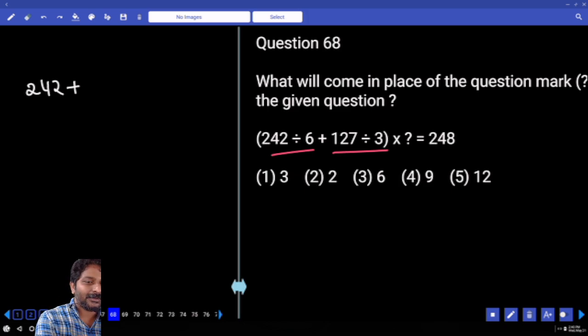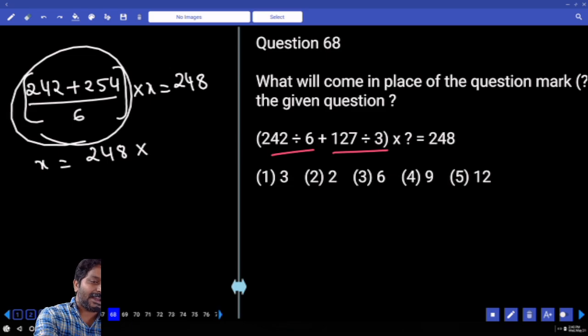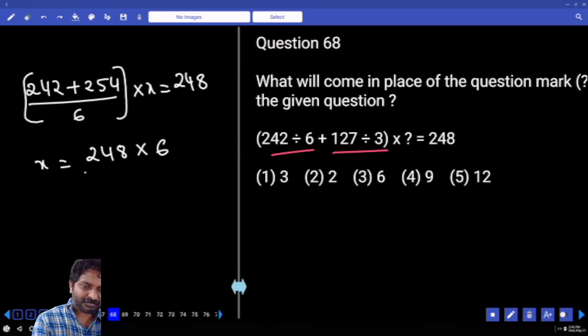127 double 254 divided by 6 into x is there, right? Okay, and 248, then x value is equal to 248. This number goes to right hand side, becomes 6496.